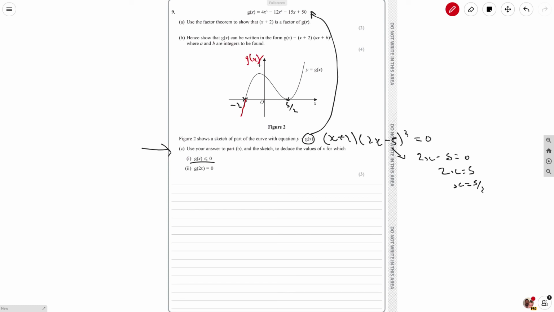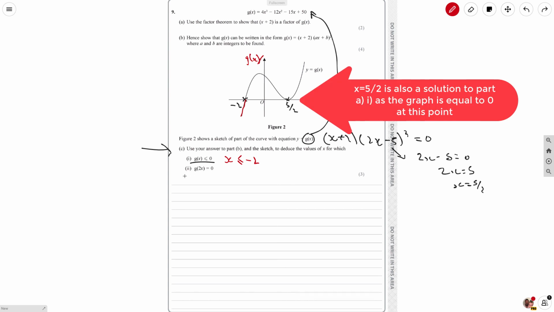When we say when is the function less than or equal to 0, it means when y is less than or equal to 0, and it's going to be this little red bit of the graph that I've drawn. Then it's really easy to see what the answer is. It's when the x values are less than or equal to minus 2. As long as we're going to the left of minus 2 on the graph, we're going to continually get a negative value for y.